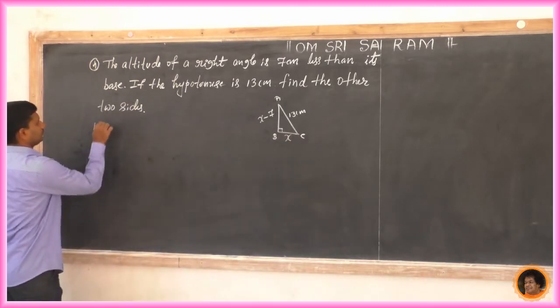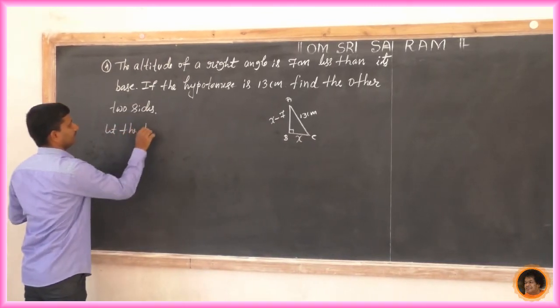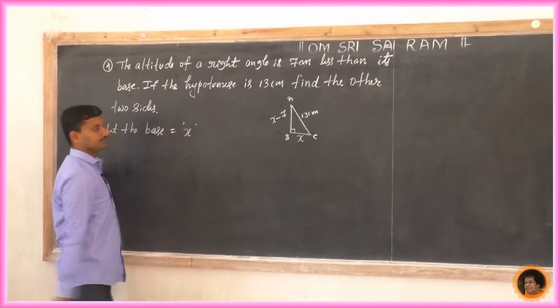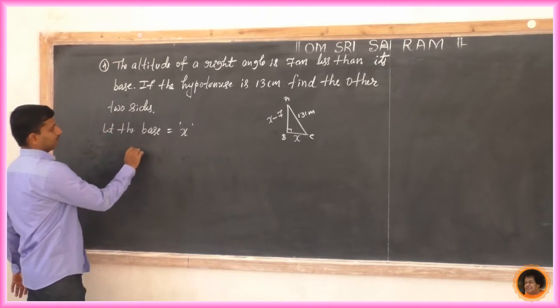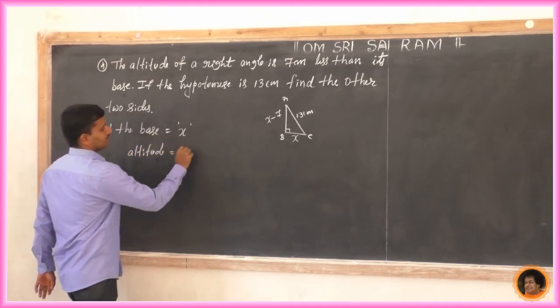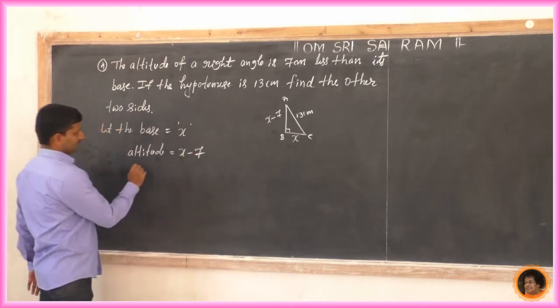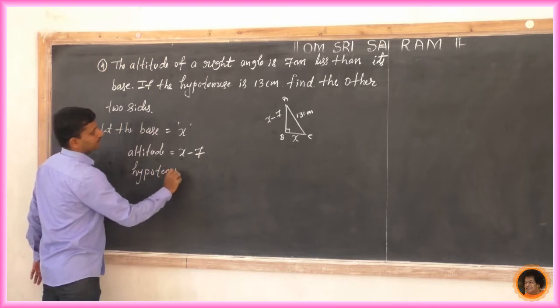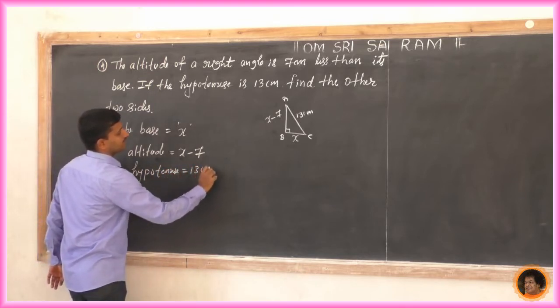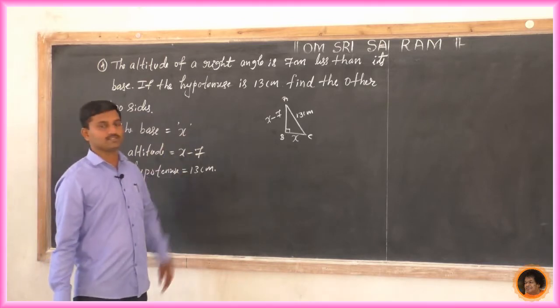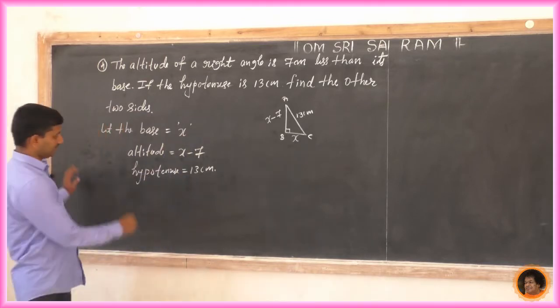Let the base of the triangle be x, the altitude of the triangle is x minus 7, and hypotenuse equal to 13 centimeter. How to find AB and BC?